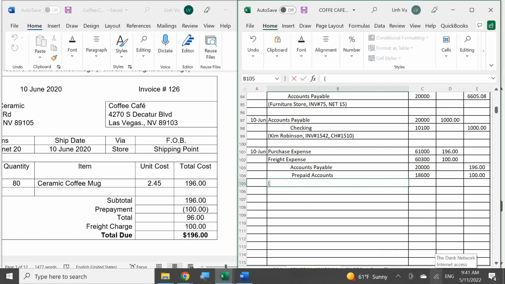We received a bill from All Things Ceramics. We have invoice number 126. We have some terms, right?